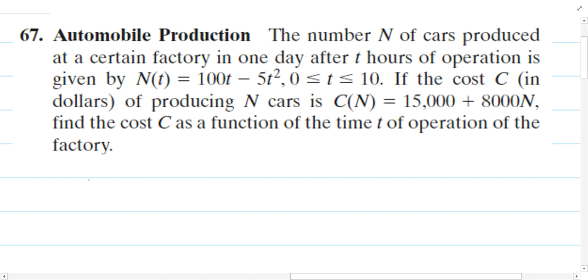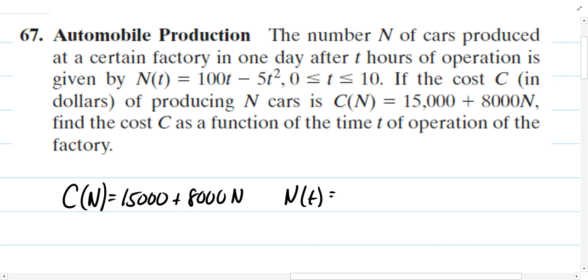So here we go. We know that the cost based on the number of cars is equal to 15,000, I'm assuming dollars here, plus $8,000 per car, $8,000 times the number of cars. And we know that the number of cars that can be produced will be equal to 100t minus 5t squared.